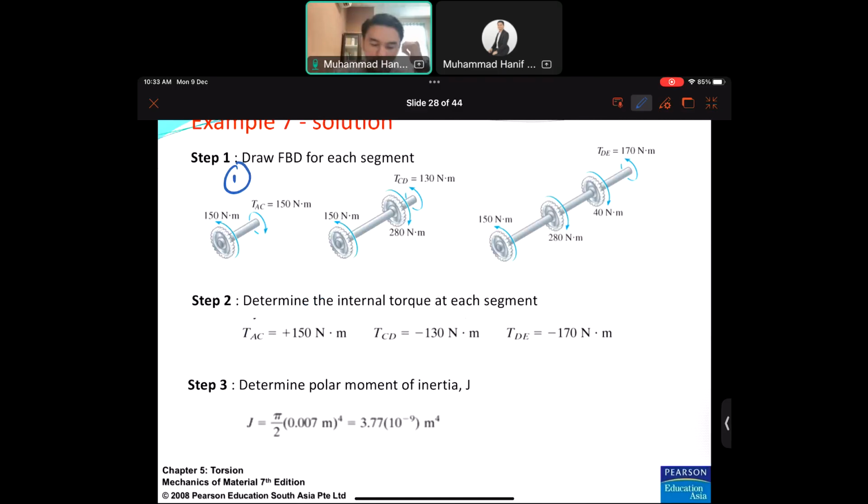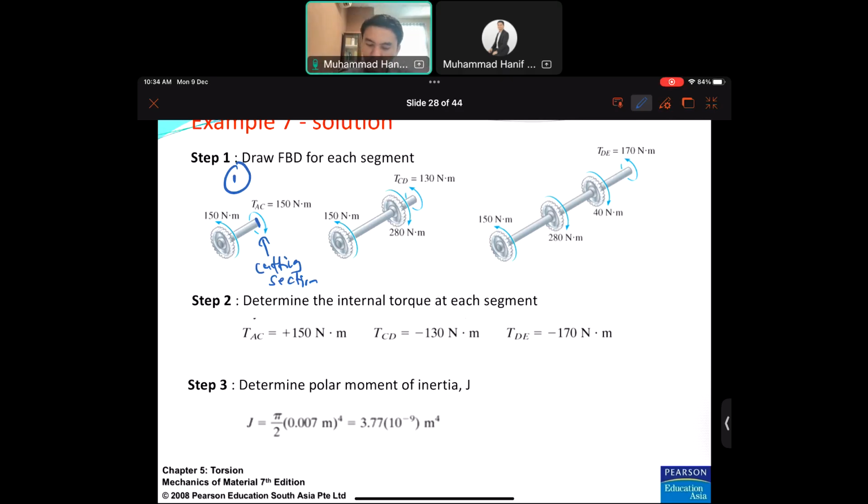And at the cutting section, there is an internal torsional load, which we denote as TAC. It should be the other way around, action and reaction. So based on this first FBD, you straightforwardly get the internal torsional load: TAC equal to 150 Newton meter.